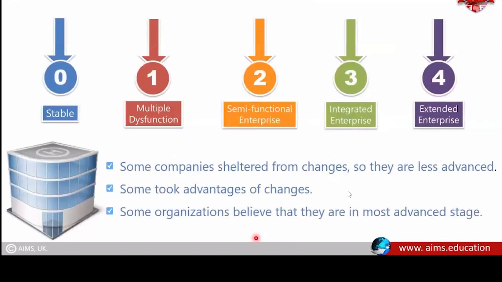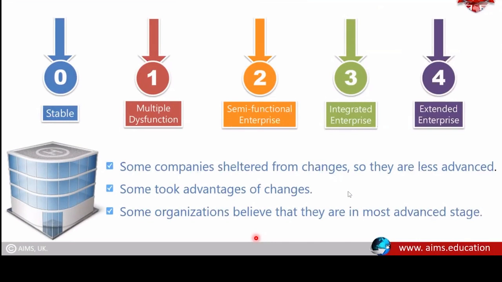Then, in terms of stages of supply chain, meron tayong 5 stages. So, it started from stable to extended enterprise. And it's dependent on how the company applies these stages of the supply chain management system.